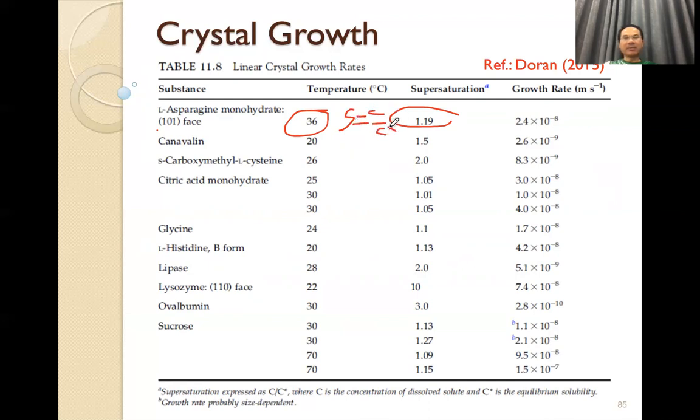As I talked about in the last two lectures, relative supersaturation sigma is equal to S minus 1. If S is greater than 1, crystallization can occur, either by growth or by a nucleation mechanism. And this is another example, citric acid monohydrate, glycine, L-histidine, for the nucleation of bioproducts.